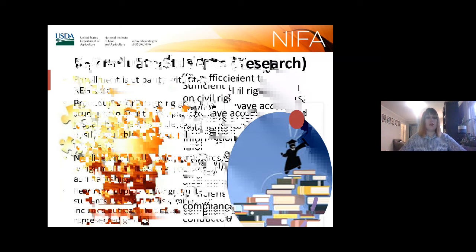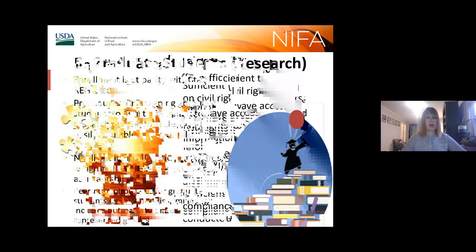We don't want to see any disparity in the allocation of awards, assignment to research projects or assistantships, and we're going to ask about your recruitment process for graduate students. Is it clear? Is it non-discriminatory? And does it include outreach to underrepresented groups?